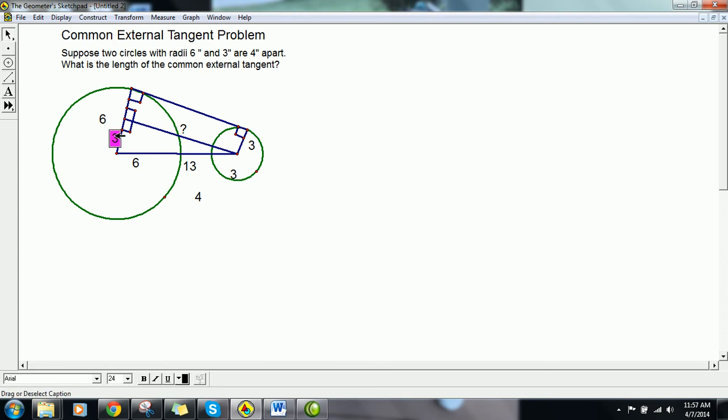And so now I'm really just going to focus on that right triangle here in the bottom and use the Pythagorean theorem.